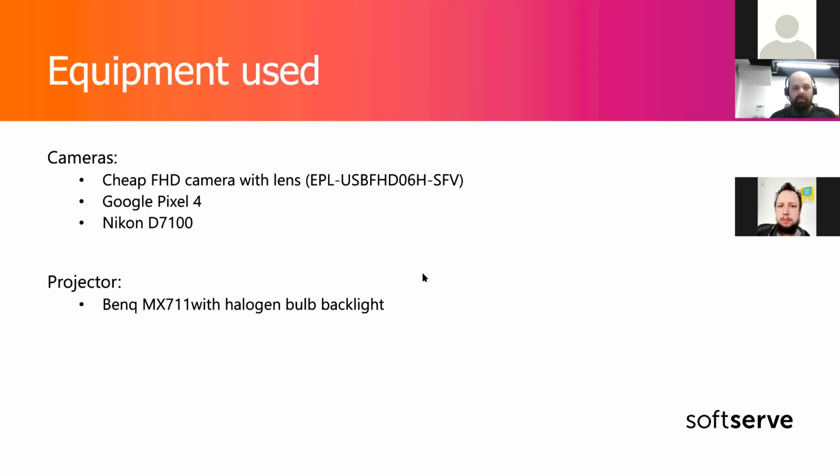Also, we used the Google Pixel 4 phone as the camera through ADB, and a Nikon DSLR was, I would say, the reference for us in terms of quality. Also now we have at our disposal the Stereolabs Z camera, which is quite a good piece of equipment.